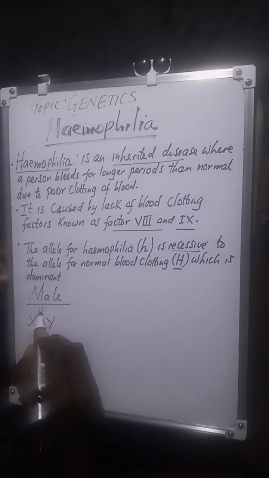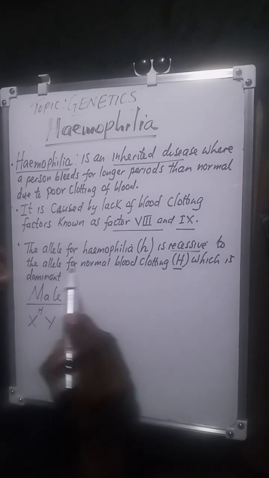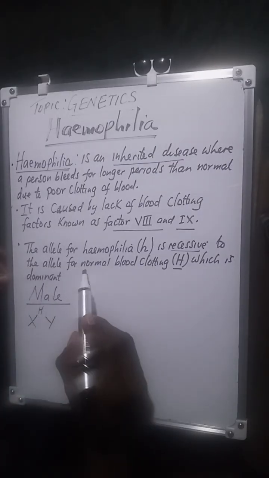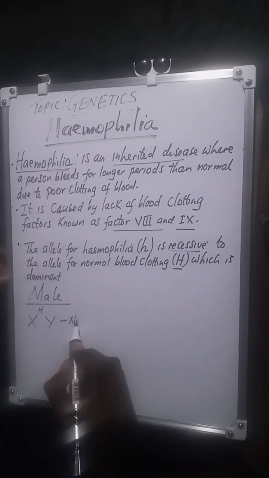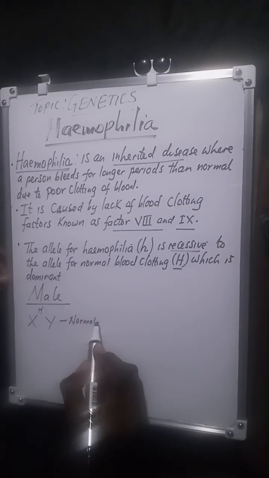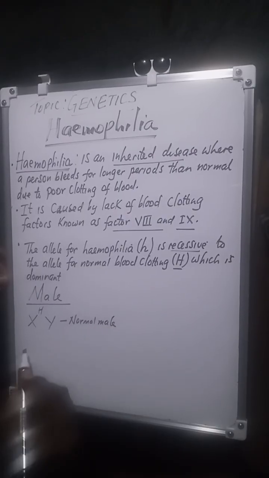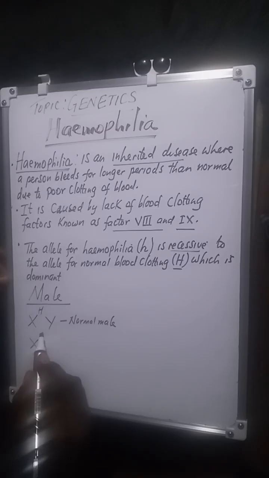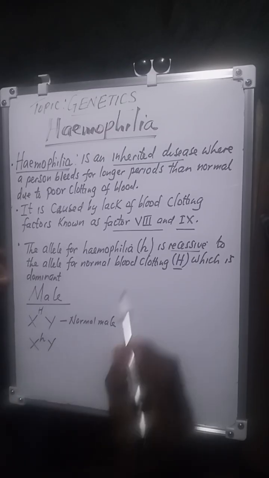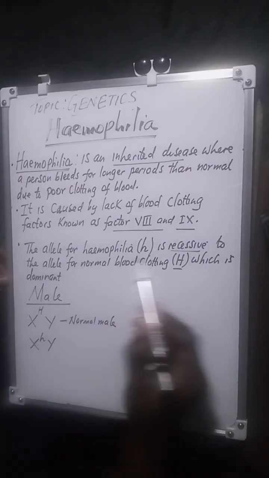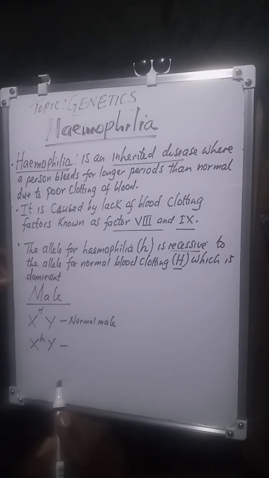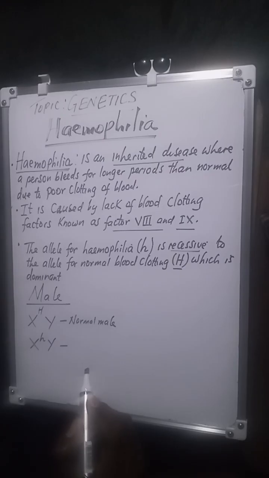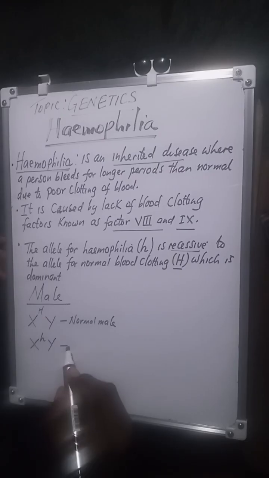So if on the X chromosome there is capital H, remember that capital H is dominant, representing normal blood clotting, then it simply means that this one is actually a normal male. But the moment on the X chromosome you have got that recessive allele, remember that recessive allele is the one that causes hemophilia, it simply means that such a male is actually hemophilic, or sick.